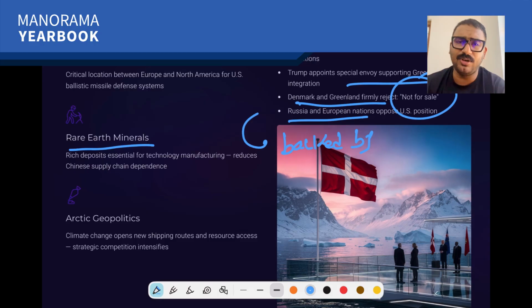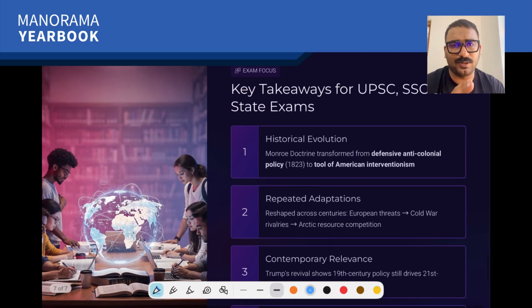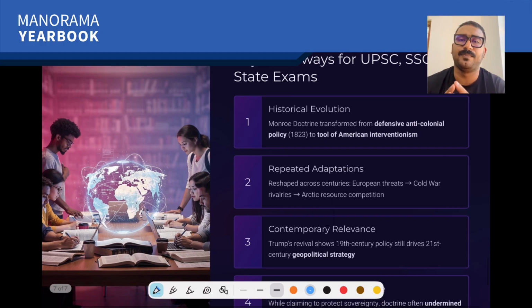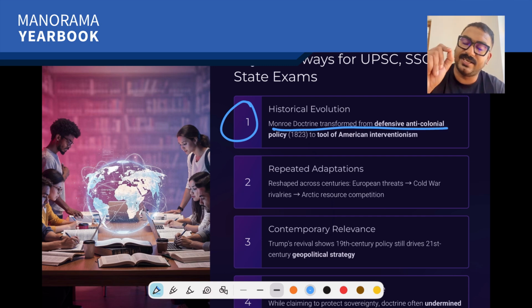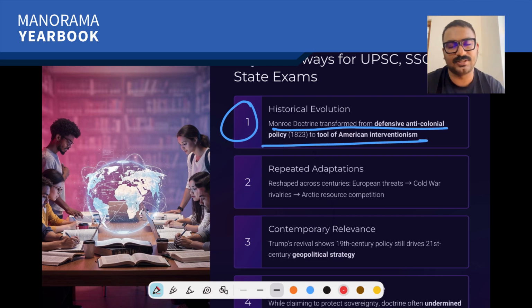Here, to conclude my discussion regarding the Monroe Doctrine, from an exam point of view, the aspirants must take some important points from this discussion. One, the Monroe Doctrine began as an anti-colonial defensive policy, but over two centuries, it has evolved into a tool for American strategic dominance.